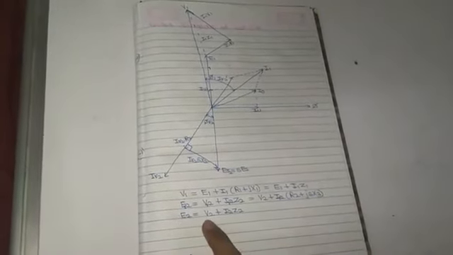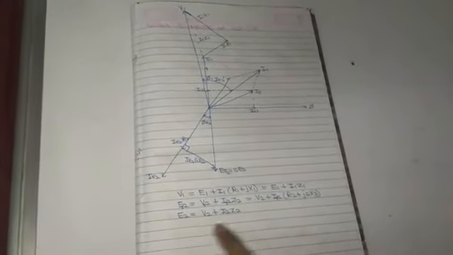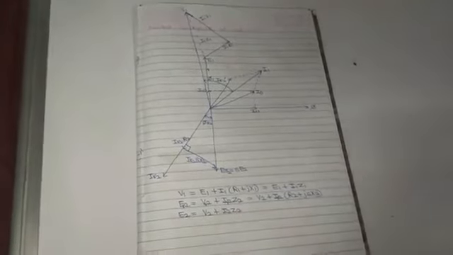So E2 equals V2 plus I2 Z2. Today we have discussed the complete description of the equivalent circuit of the three-phase induction motor. In the next lecture, we are going to discuss the power flow diagram and power stages of the three-phase induction motor.